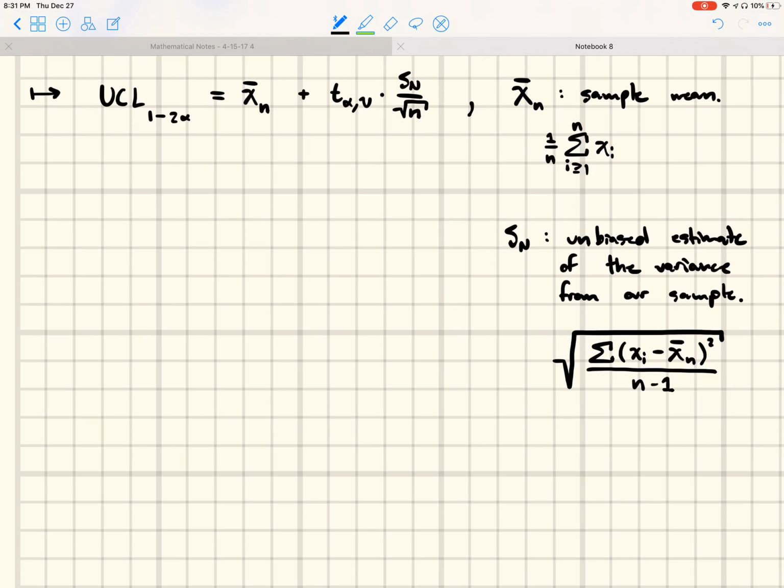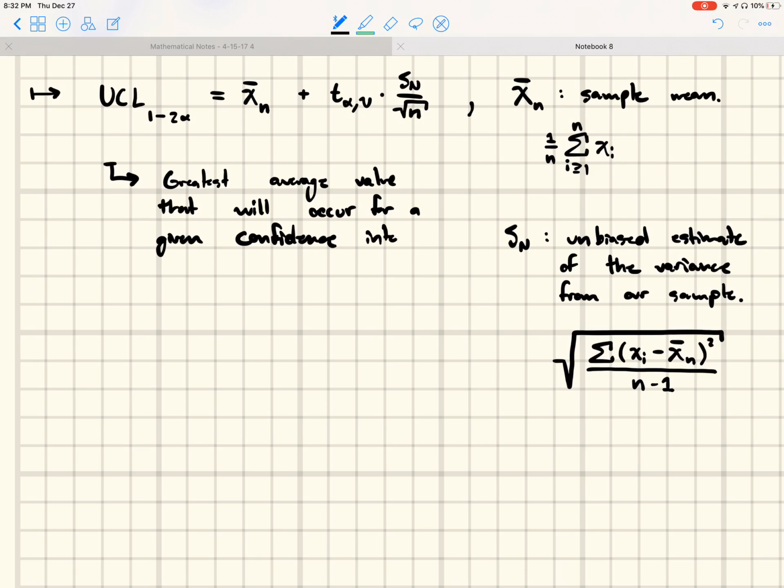So just to give a bit more motivation, this UCL term, abbreviated UCL, the upper confidence limit, is the greatest average value that will occur for a given confidence interval, which I'm going to abbreviate as CI, and a given population size.